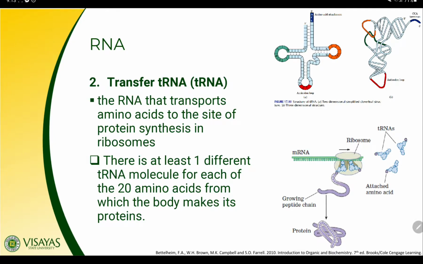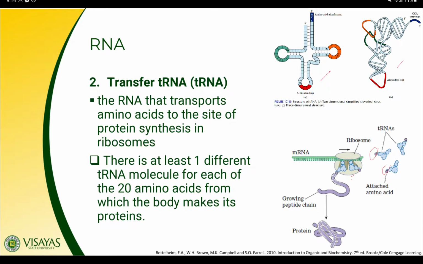So here we have the tRNA and the amino acid. It functions to bring the amino acids to ribosomes in synthesizing proteins. This is a 2D structure of tRNA, and this one is our 3D structure of tRNA. Now there is at least one different tRNA molecule for each of the 20 amino acids from which the body makes its proteins.